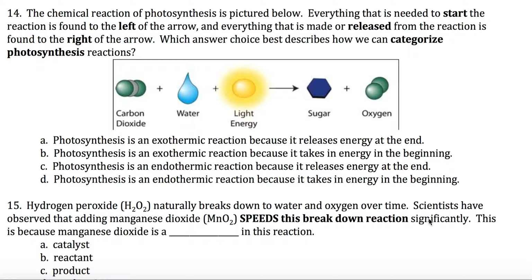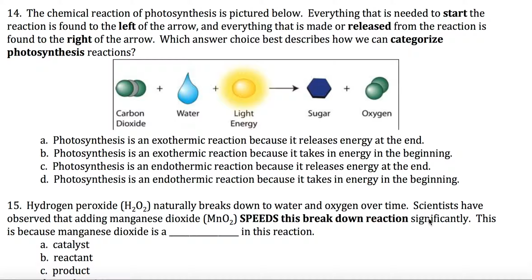Question 14. The chemical reaction of photosynthesis is pictured below. Everything that is needed to start the reaction is found on the left of the arrow, and everything that is made or released from the reaction is found on the right of the arrow. Which answer choice best describes how we categorize photosynthesis reactions?